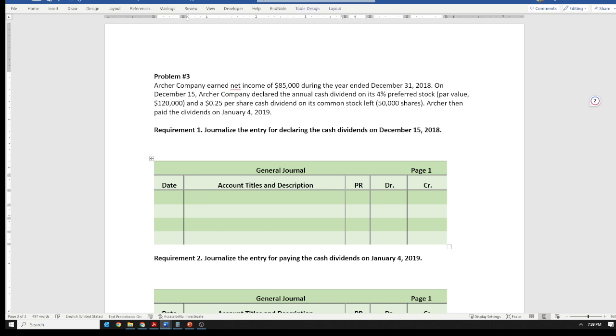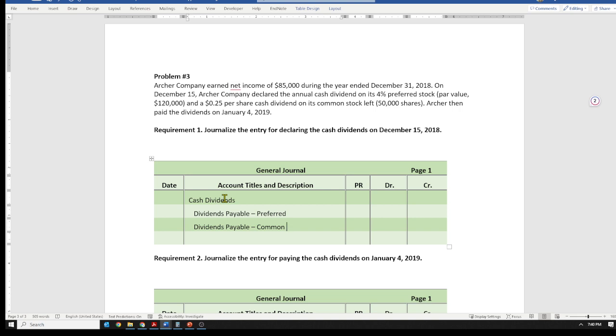We'll have a cash dividend to record, and then two payables: dividends payable, preferred, and dividends payable, common. So we'll have two liabilities and then our debit for the cash dividends.